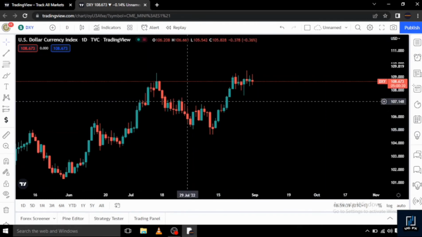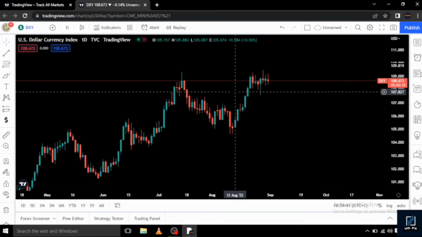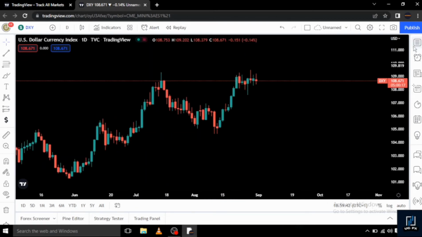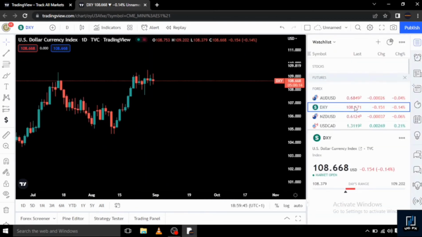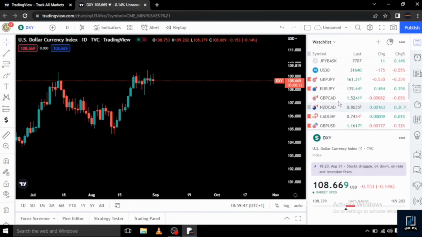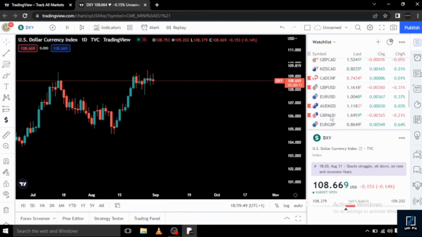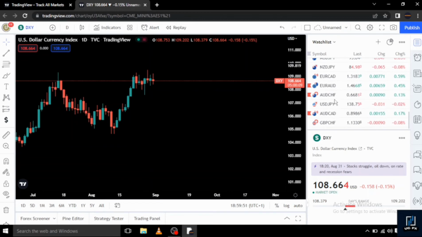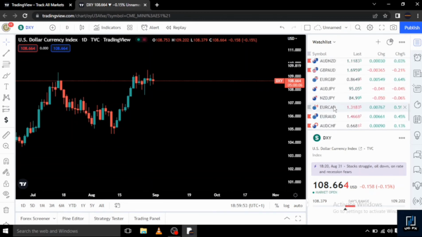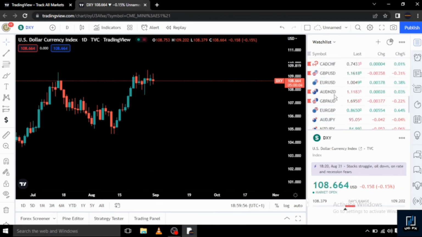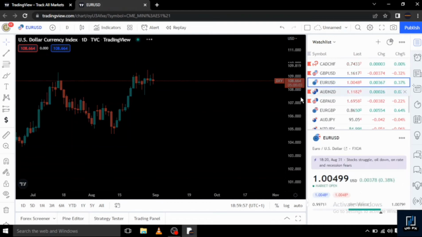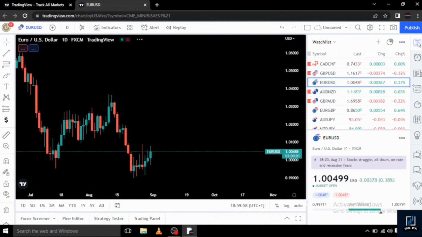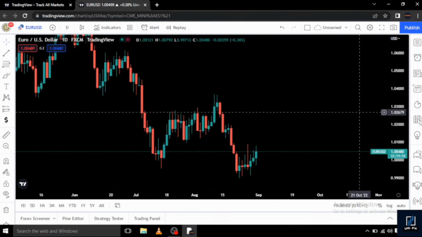The DXY, as you can see, is bullish. Let's check out the Euro USD. Where is it? So here is Euro USD, and as you can see, Euro USD has been bearish.